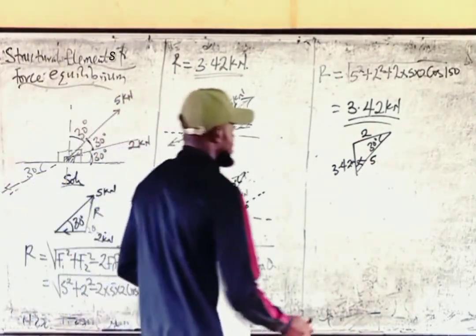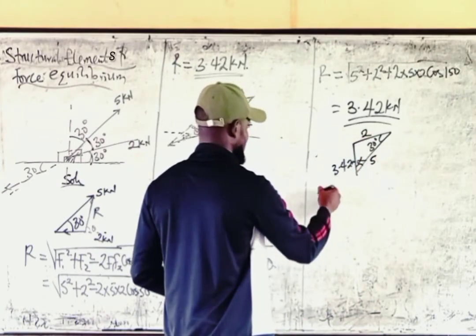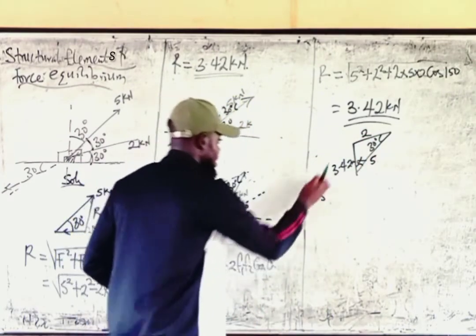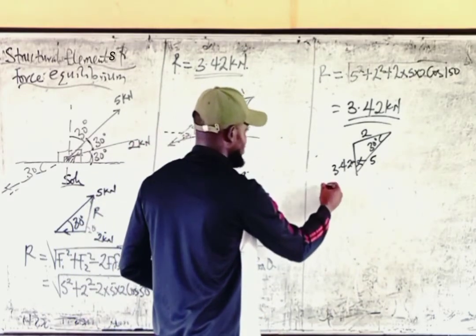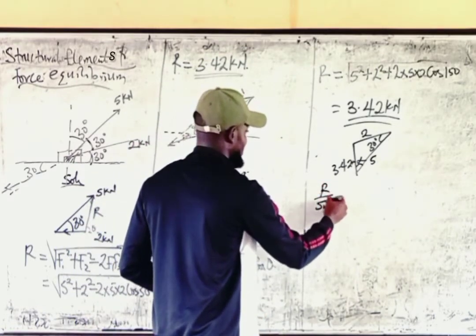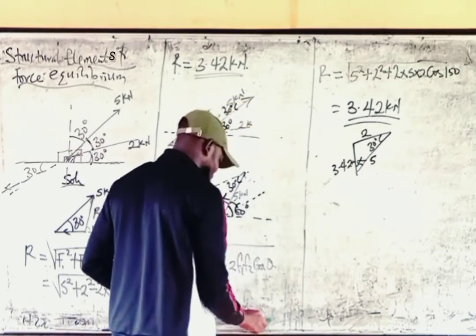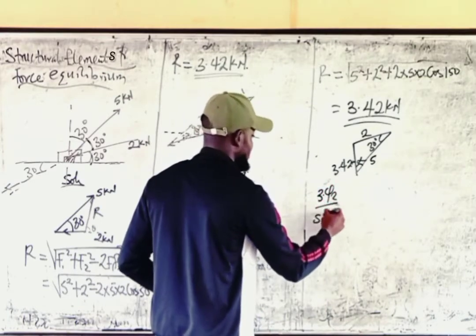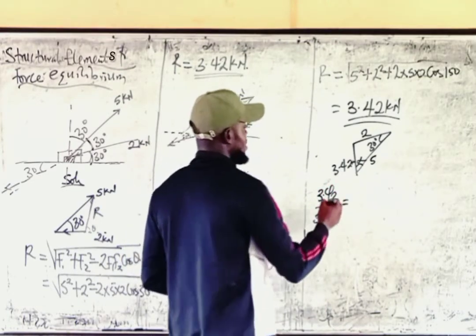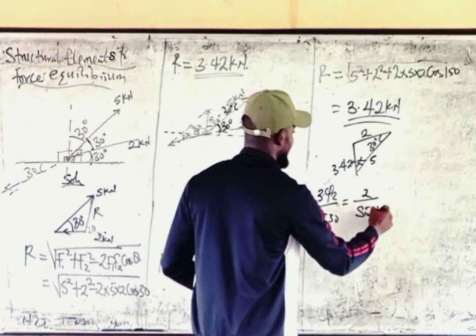So from sine, we are going to need this 2 and this. Let's use the actual value for the first sine. So we are going to have the force over the sine of the angle facing the force. That's sine 30. Let's just do it straight from the law of sines. That is 3.42 over sine 30 equals 2 over sine alpha.